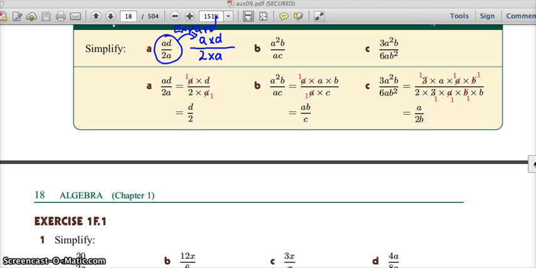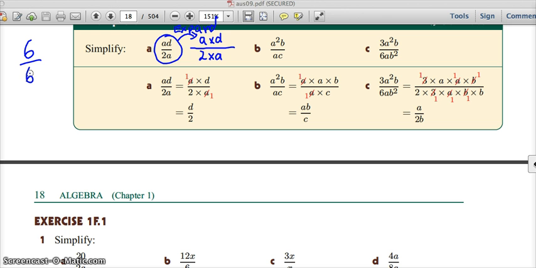Now, if you remember back to your junior maths, 6 over 6, how could we simplify that or make it easier? Tony? 1. How did you get 1? Because it's 6 parts of 6. Yeah, you got 6 parts of 6.